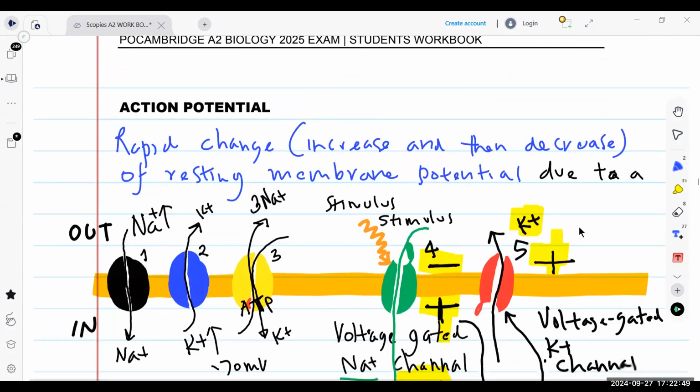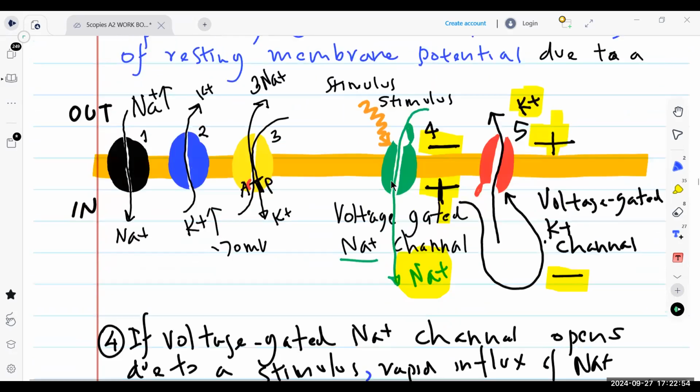Then we learn action potential, the rapid change of the membrane potential. Then again, we have additional two transporters, voltage gated sodium channel and voltage gated potassium channel. While these three are operating as resting membrane potential, if there is a stimulus, the stimulus opens the voltage gated sodium channel. Then the sodium ion moves in. This is rapid and a large number of sodium ions move in.